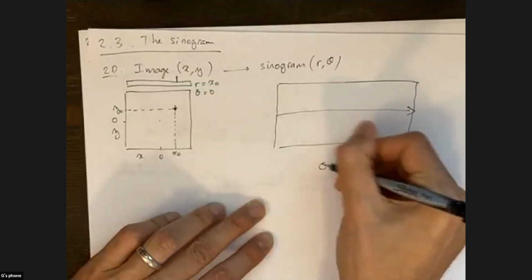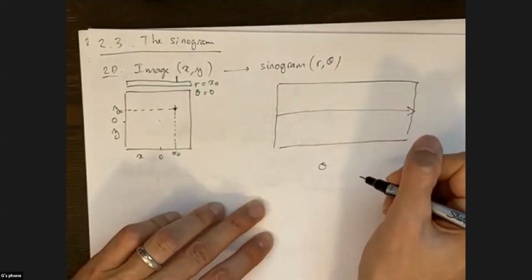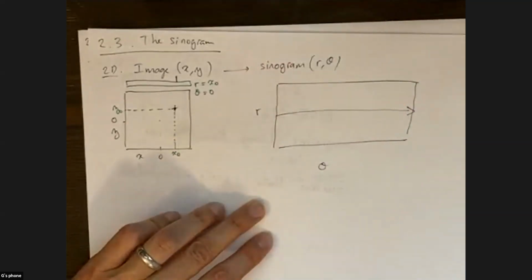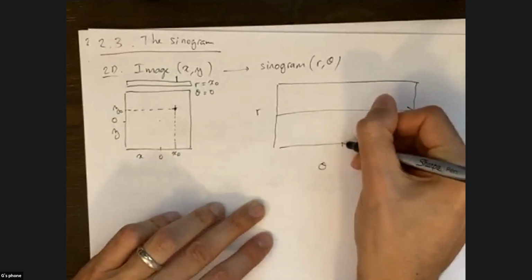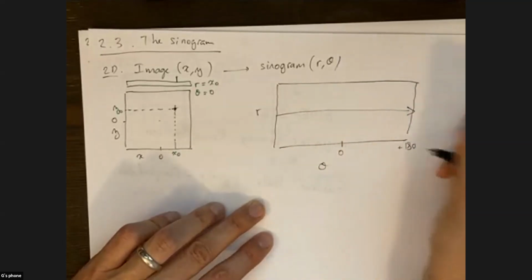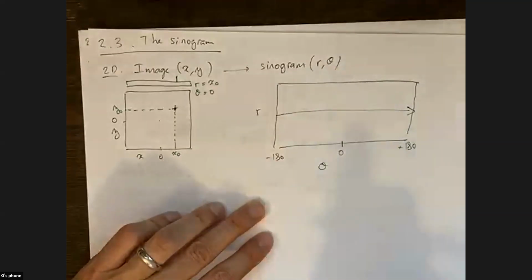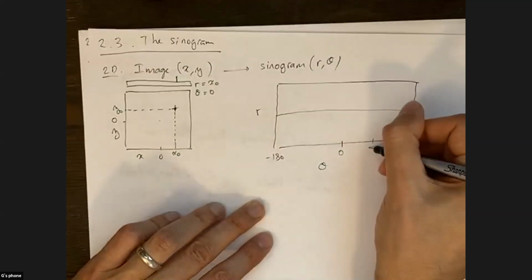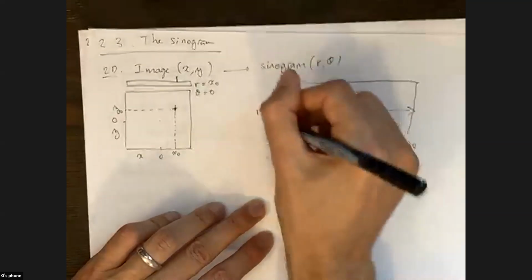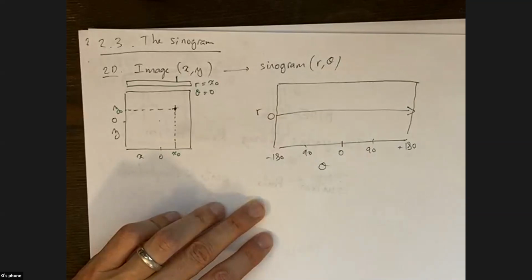So there's going to be theta on the x-axis, and then it's going to be R on the y-axis. So the angles go from 0 here to plus 180 and minus 180. We have 90 degree here. Okay, and then here we have R equals 0. That's the center of the gamma camera.